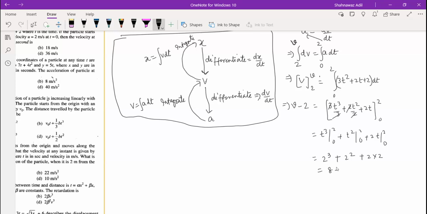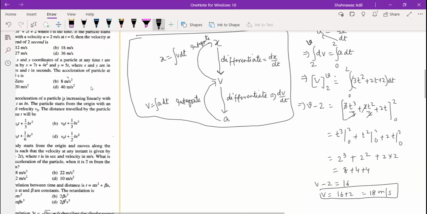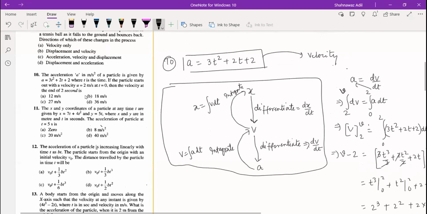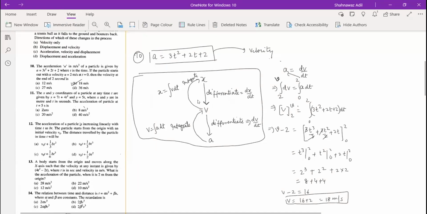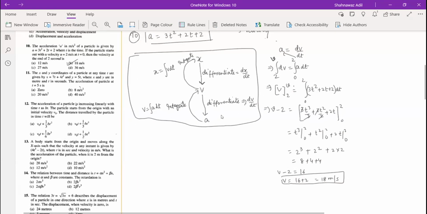So this is 8 plus 4 plus 4, that is 16, and equals v minus 2. So the 2 goes to the other side: 16 plus 2 is 18 meters per second. So this would be the answer. Is it clear, everyone? You guys have to use the idea of integration. Is it clear?